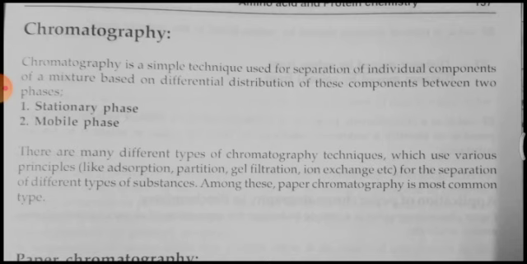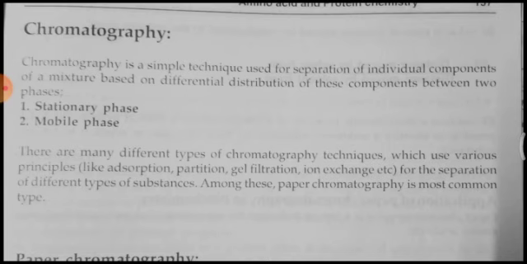There are many different types of chromatography techniques which use various principles like adsorption, partition, gel filtration or ion exchange for separation of different types of substances. So different types of biomolecules are there: carbohydrates, proteins, vitamins, minerals, nucleic acids, etc. For different types of biomolecule separation, we can use different types of chromatography techniques based on the samples.